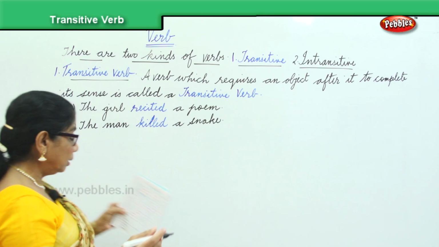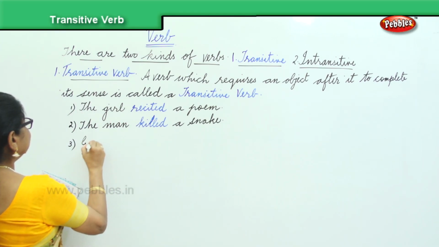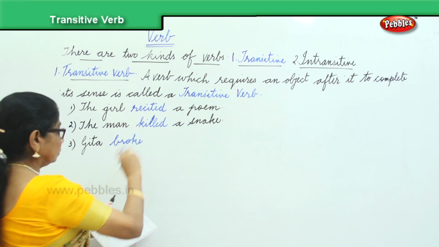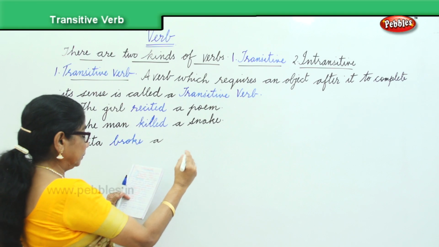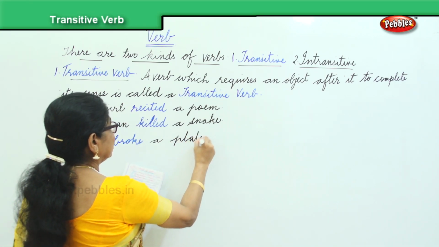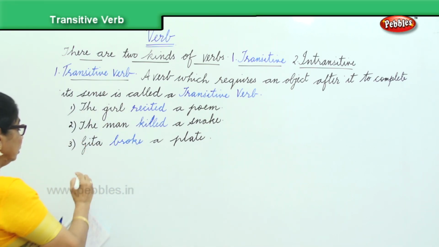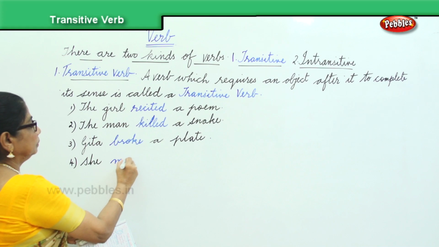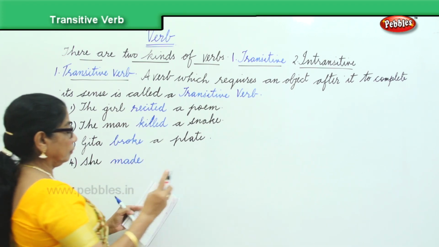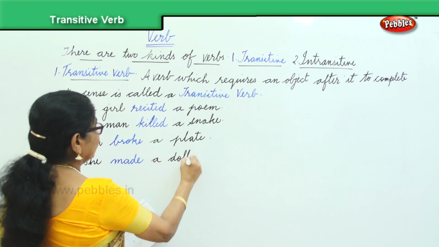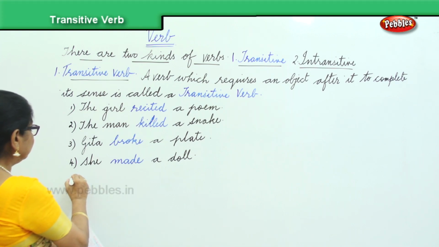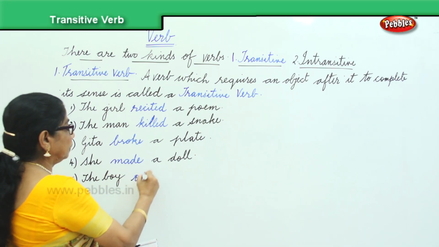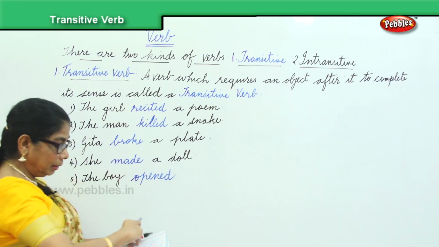Geeta broke a glass, or plate, whatever. Broke something. Okay. Next. She made a doll. Fourth one. She made a doll. The boy opened the window.